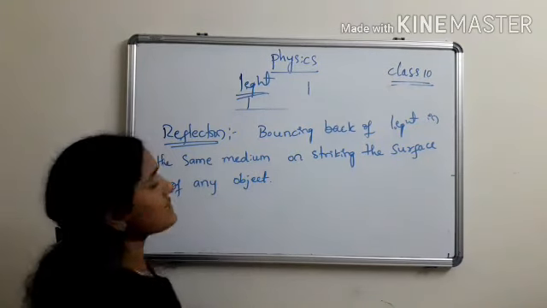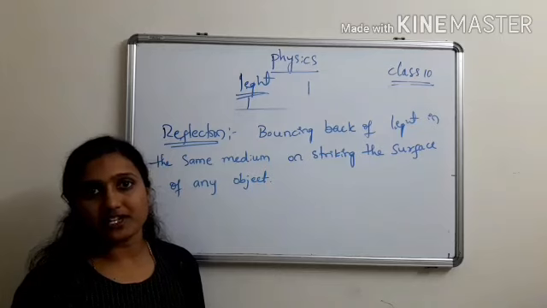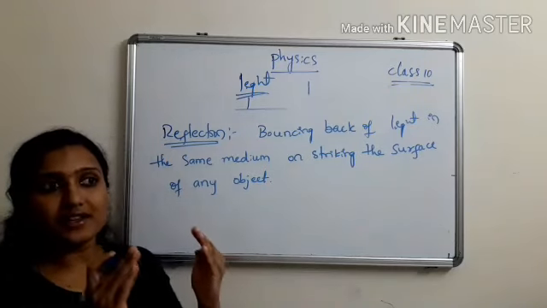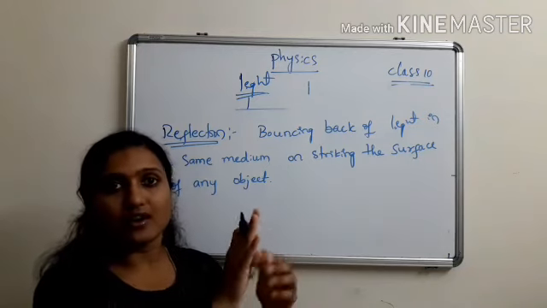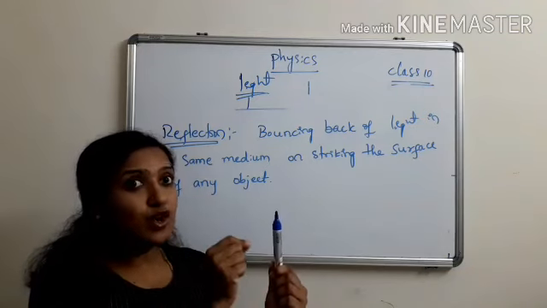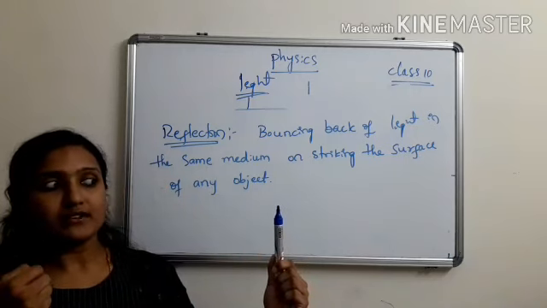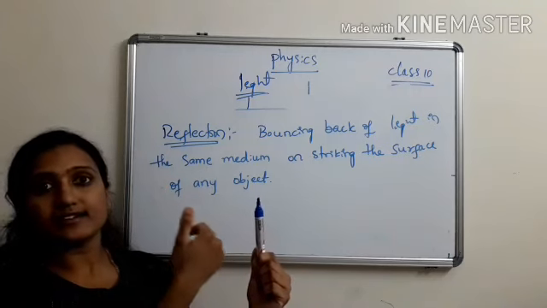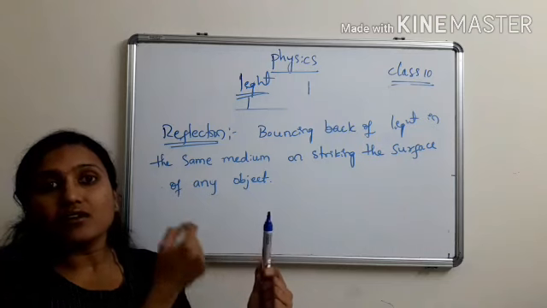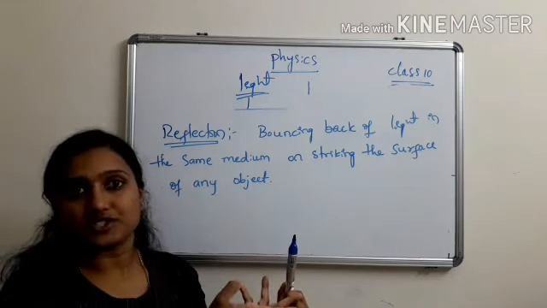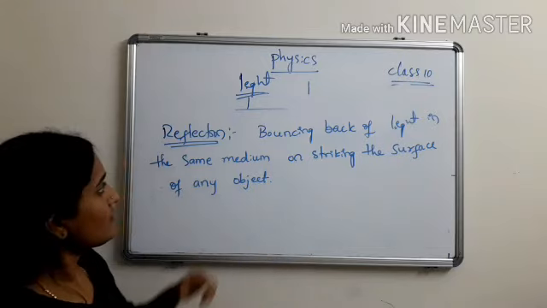So here I am giving the definition of reflection, not only for mirrors but for whatever objects. When the light falls on an object, that object reflects it back, so then we are able to see that object. Because of this property of light, we can see objects through our eyes.